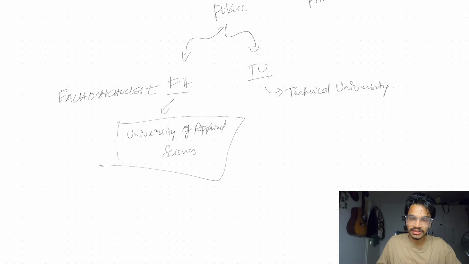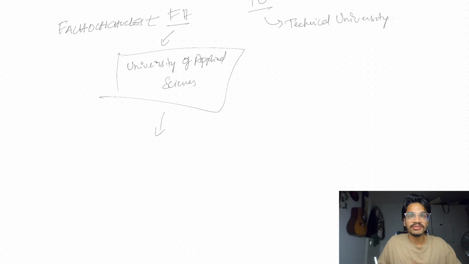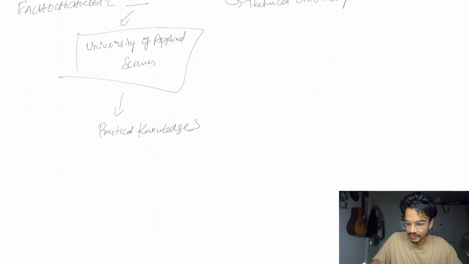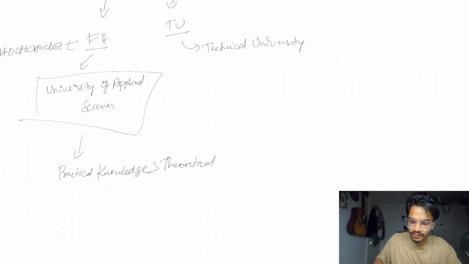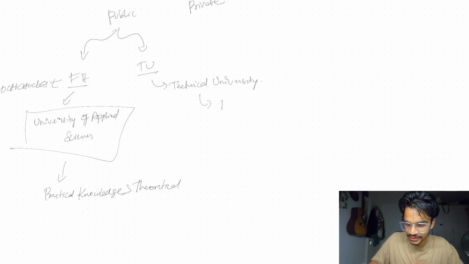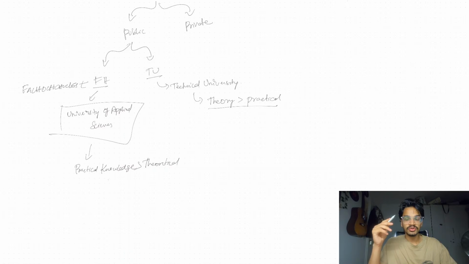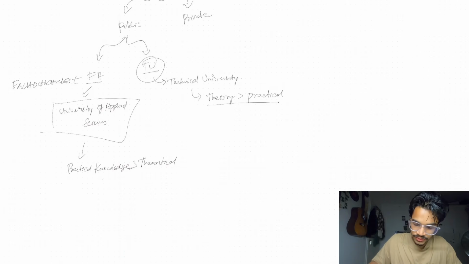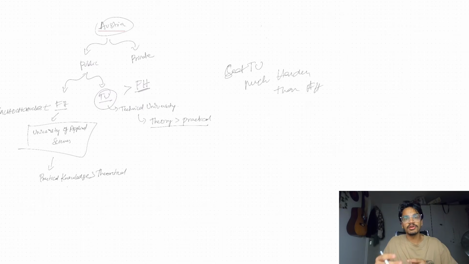The difference is that FH focuses more on practical knowledge than theoretical, whereas the Technical University is theory more than practical. Getting a seat in a TU is harder than getting a seat in an FH. It obviously has a lot of competition.